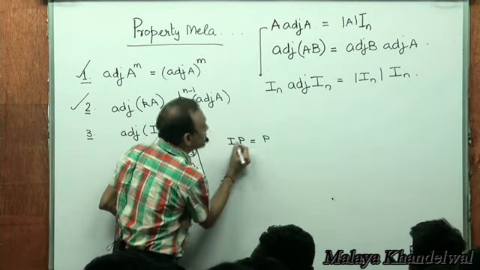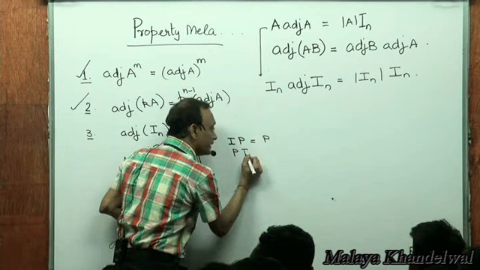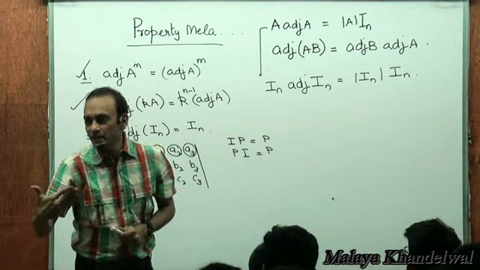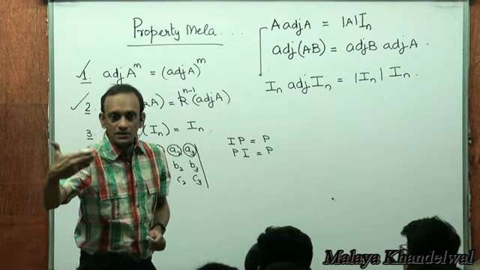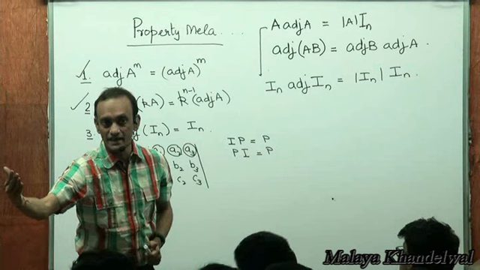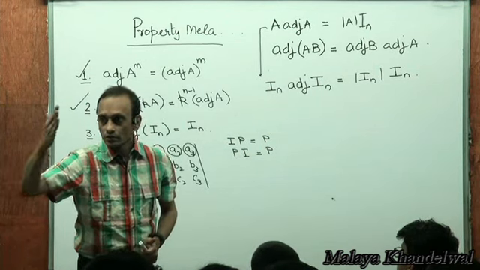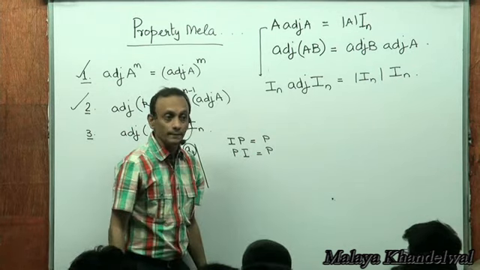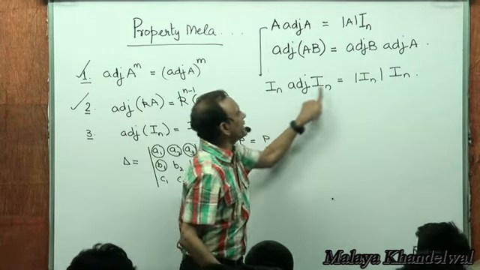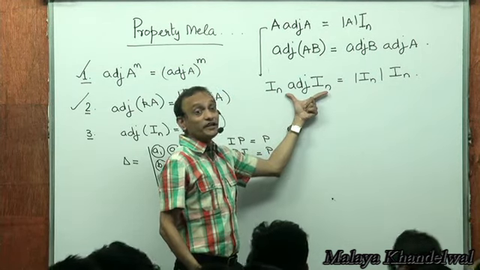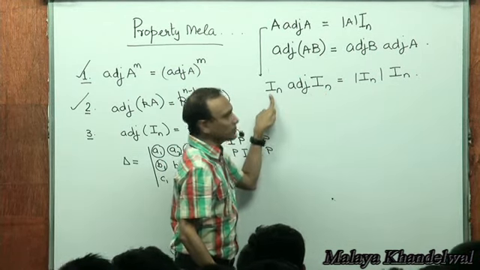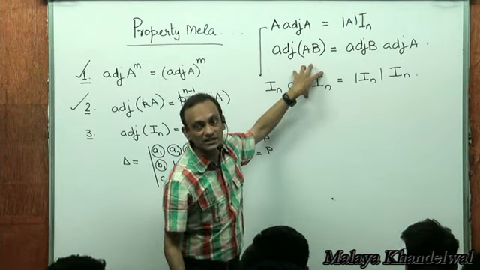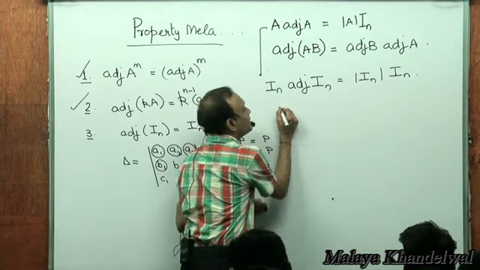This is pre-multiplied, and if I have PI, that will also give me P. That's the truth of an identity matrix. If multiplied by a certain matrix, it will replicate that matrix of the same order. I times P will be P. P times I will also be P. Now, I times adjoint In will simply be adjoint In. So this left hand side will simply become adjoint In.